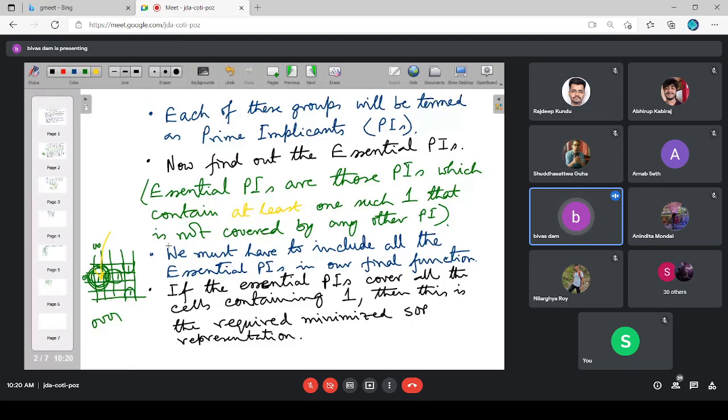Then we must include all the essential PIs in my function. After inclusion of all the essential PIs, if all the cells containing one are covered, I'll stop at that point itself. But if there are still some cells which are not getting covered by the essential PIs, then we have to make some judicious choice from amongst the non-essential PIs.